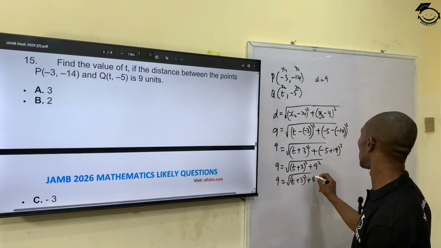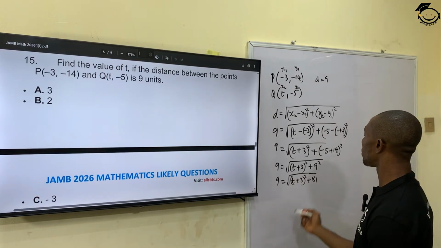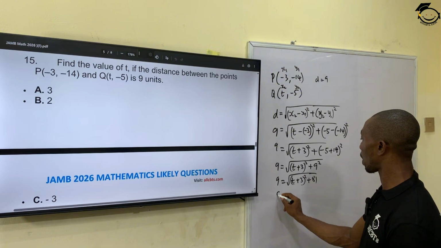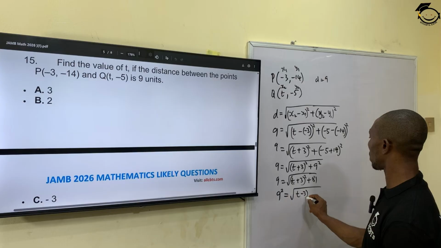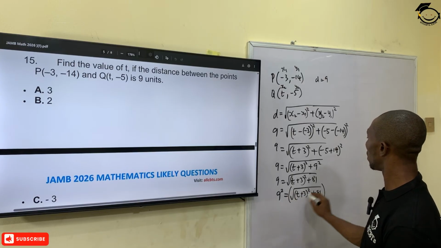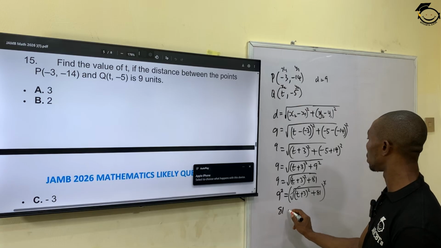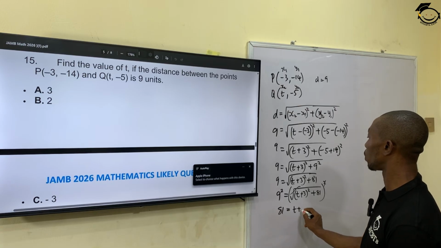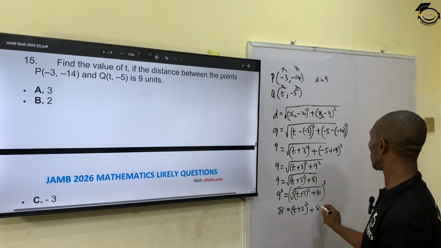So this becomes 9 equals root of t plus 3 all squared plus 81. Okay, to eliminate our root sign, we square both sides. So we are having 9 squared equals root of t plus 3 squared plus 81, all squared. So this cancels this, leaving us with 9 squared, which is 81, equals t plus 3 squared plus 81.